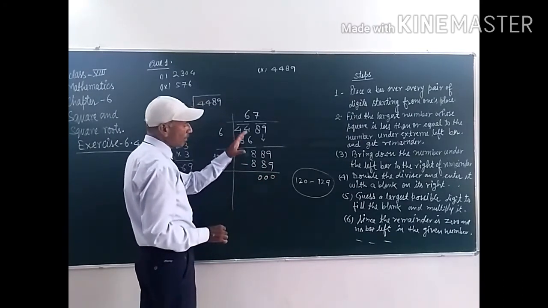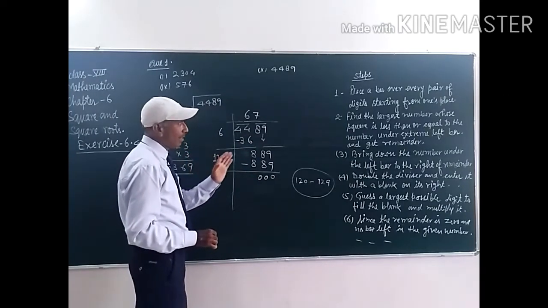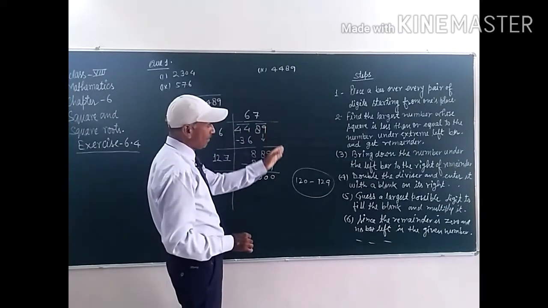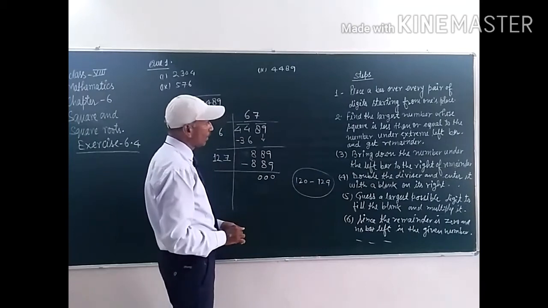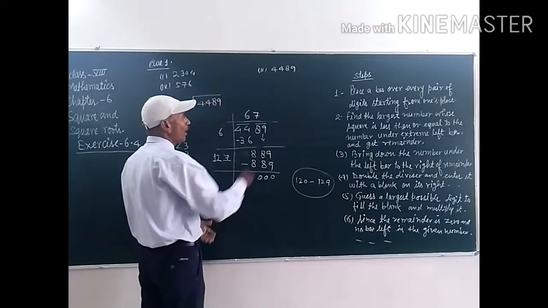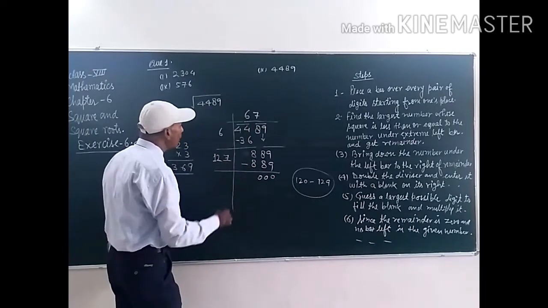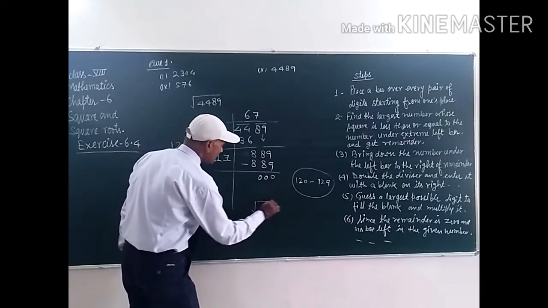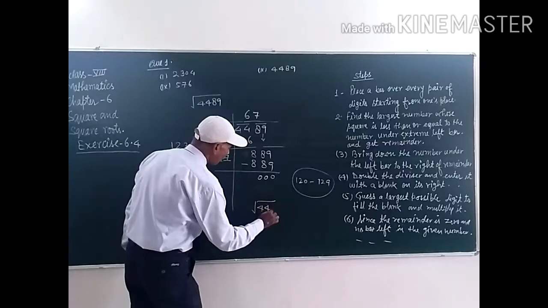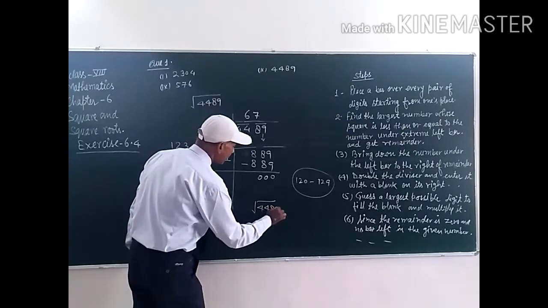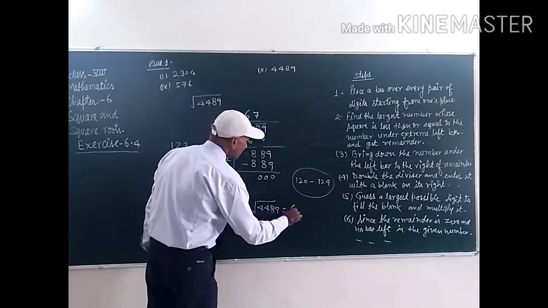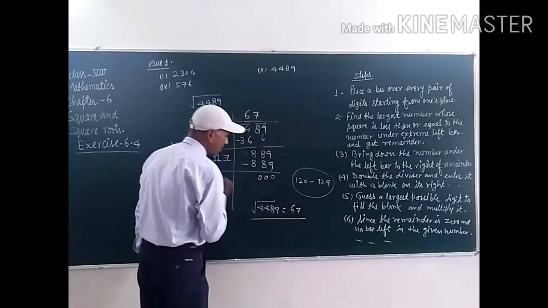It means no remainder is left and no bar is left here. So the square root of 4489 is equal to 67.